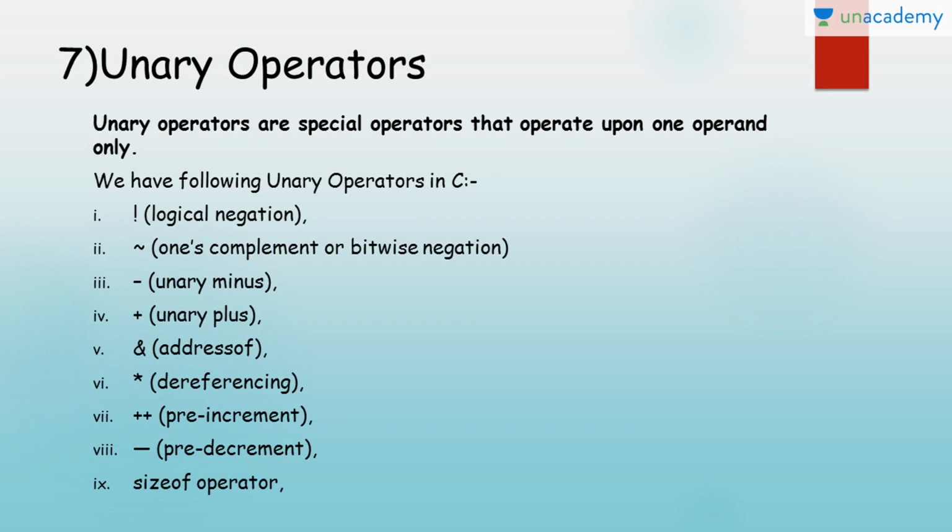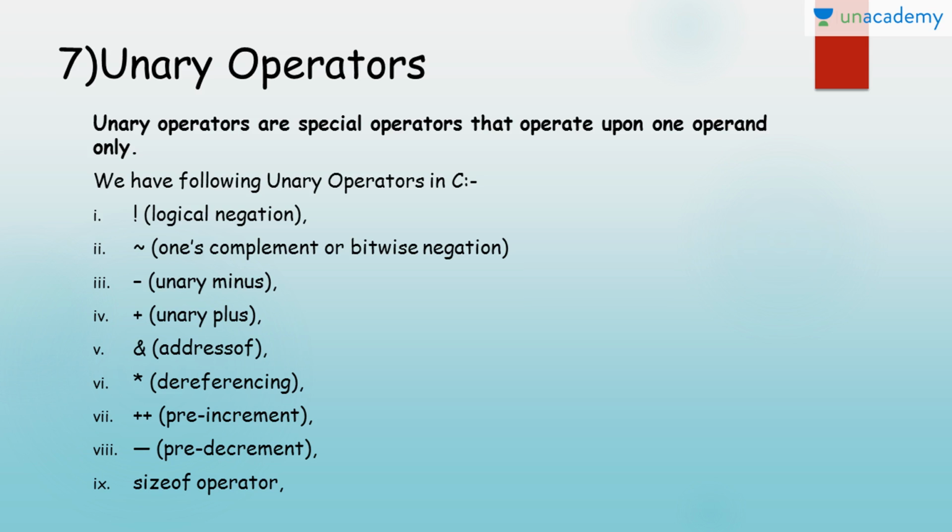Now we will learn about unary operators. So what are unary operators? Unary operators are special operators which operate upon one operand only, that is a single operand, which we have been learning from the past two or three operator examples.